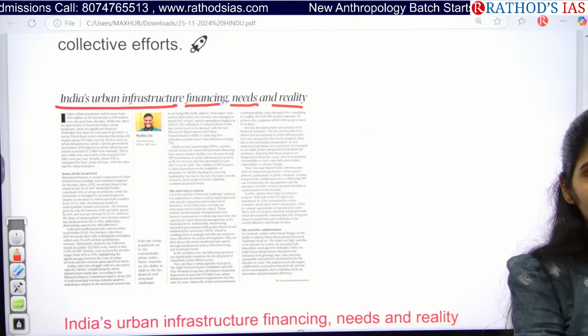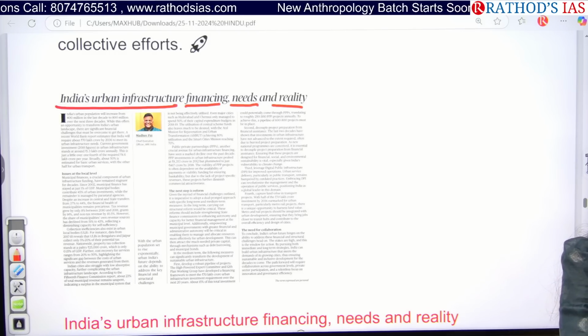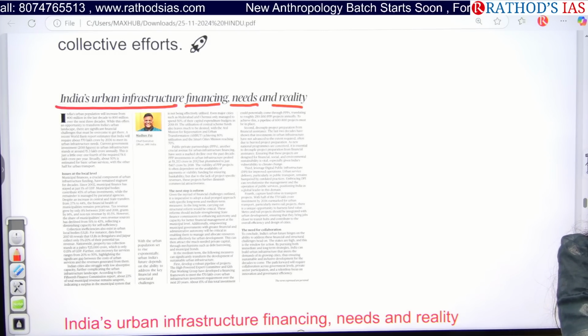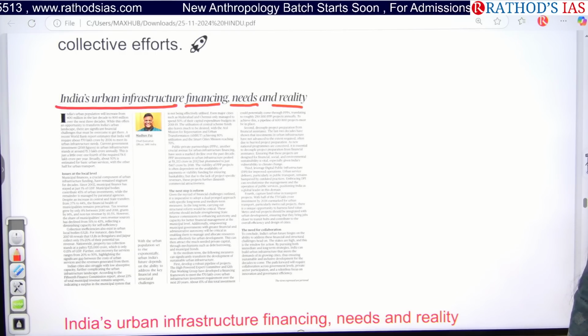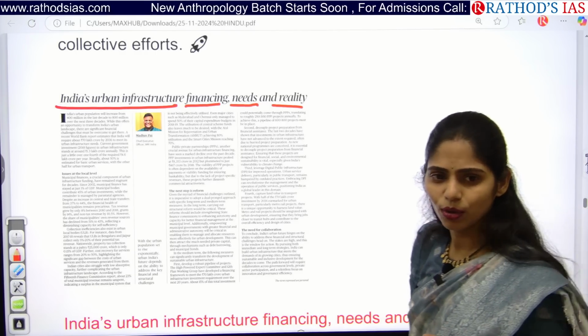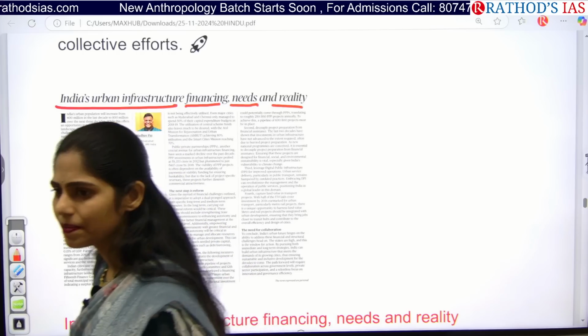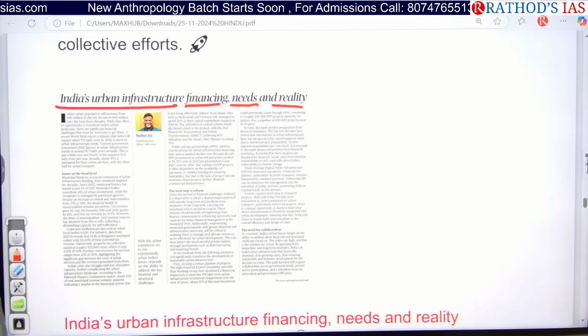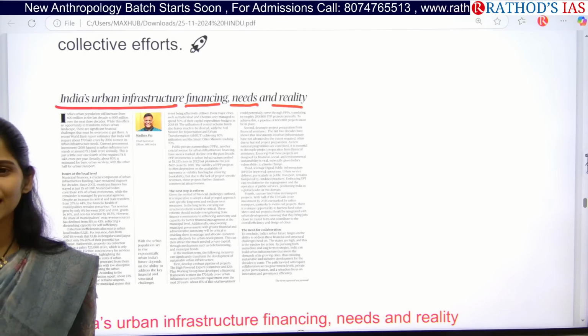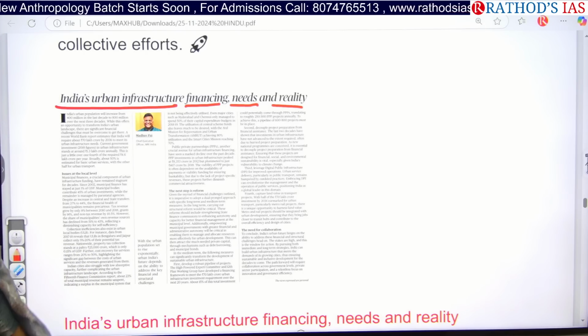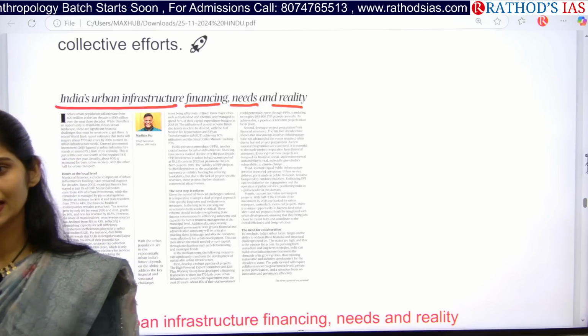Tell me, what is the difference between rural areas and urban areas? Basic difference. Will population be more or less in urban areas? More. Okay, other criteria? Infrastructure. So what is the basic criteria by which we say this area is rural and that area is urban?